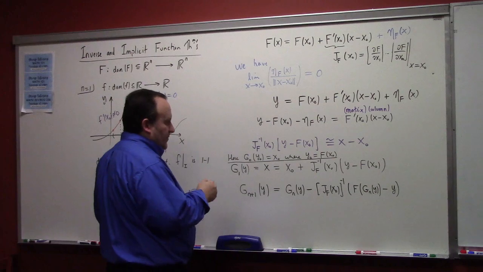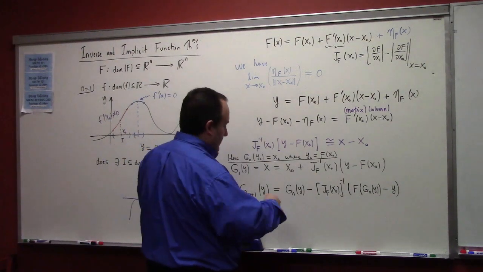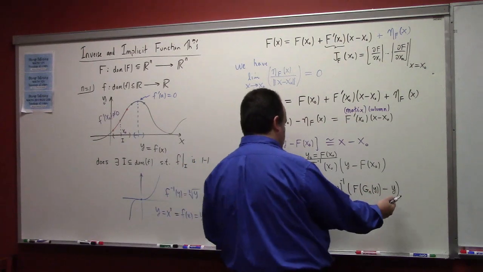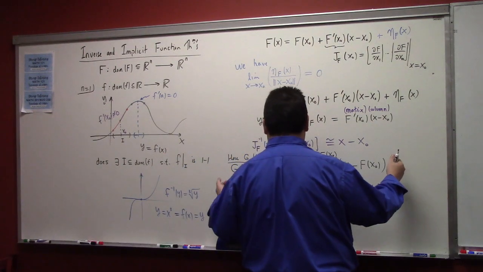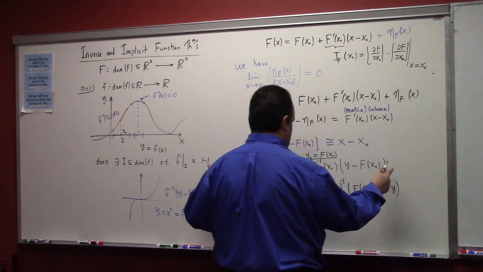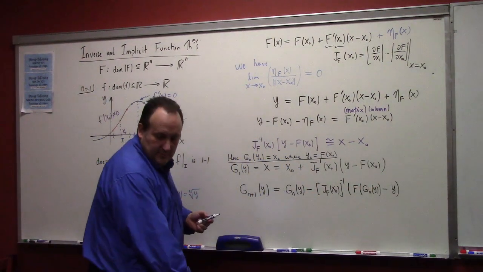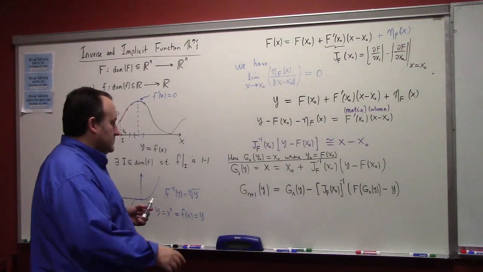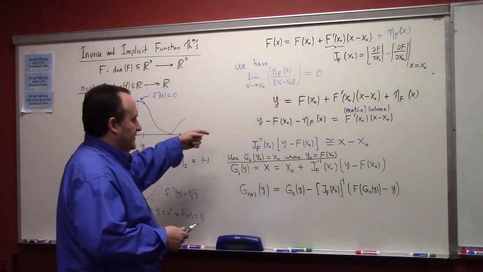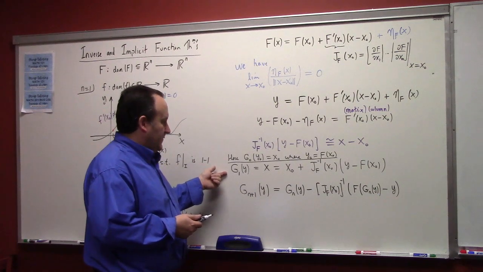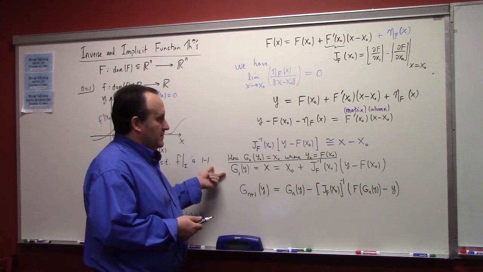Maybe I should just write it down. Maybe I'm just being dumb. So n plus 1, right? I'm trying to see how this formula reproduces that. How did you derive the g n plus 1? I did not derive it. I derived this by simply solving the linearization equation for x.